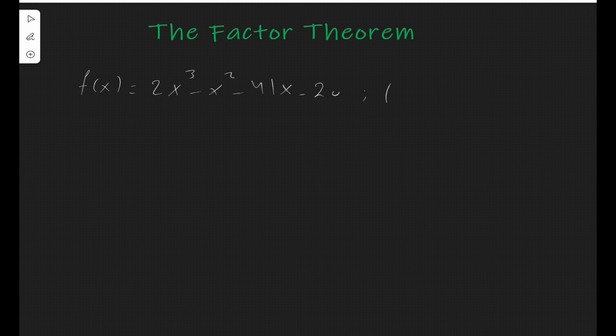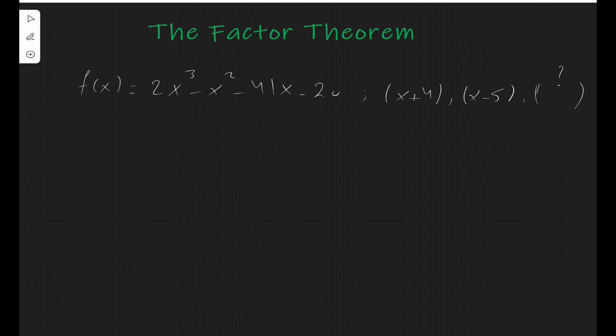And we need to know if the binomials x plus 4 and x minus 5 are factors of this polynomial, and to find the missing factor.